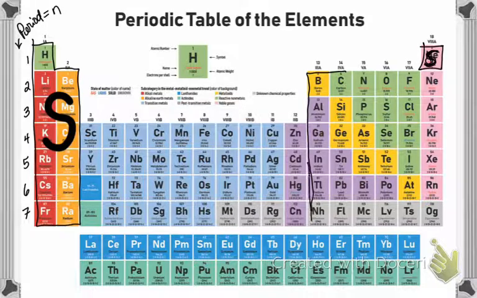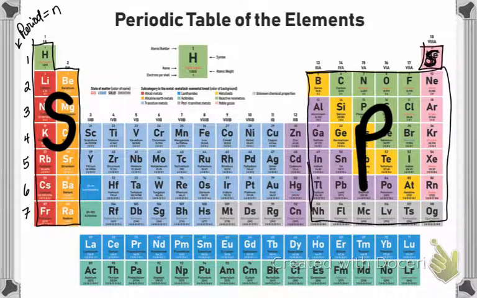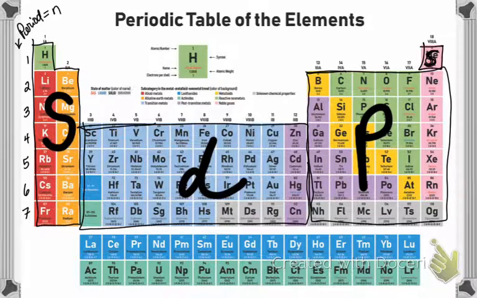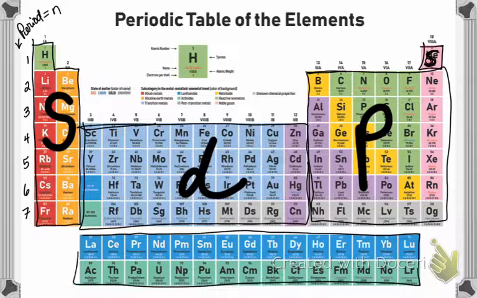Groups 13 through 18, these I'm boxing in here, those are your p orbitals. Your transition metals here in the middle, those are your d orbitals. And these at the bottom, which are called lanthanides and actinides, those are your f orbitals.